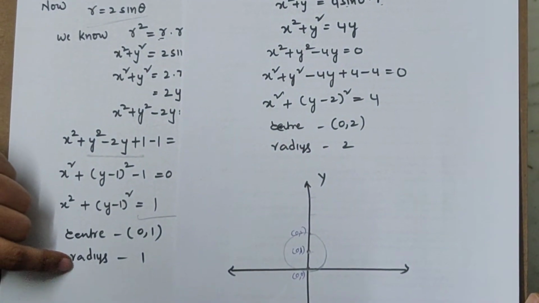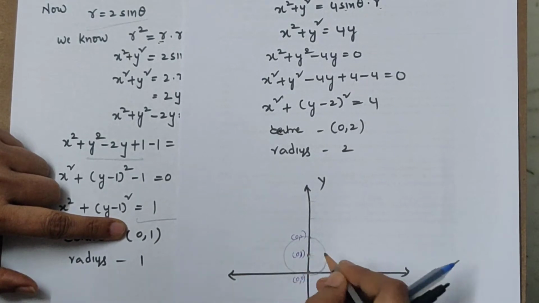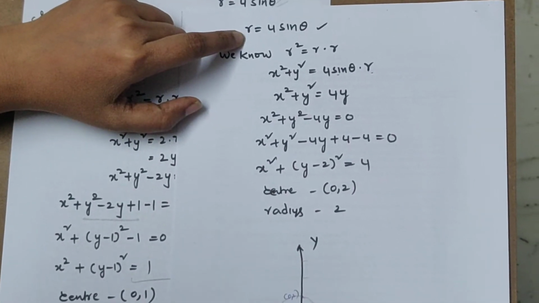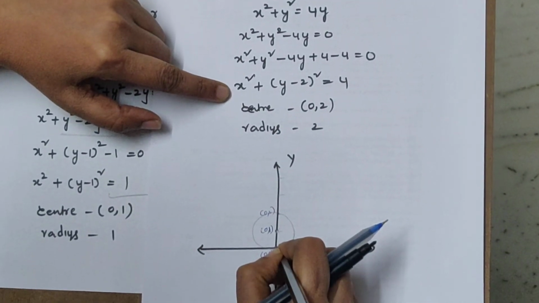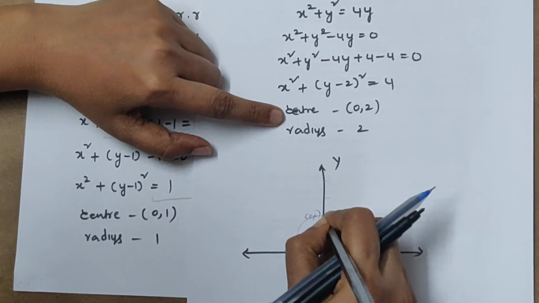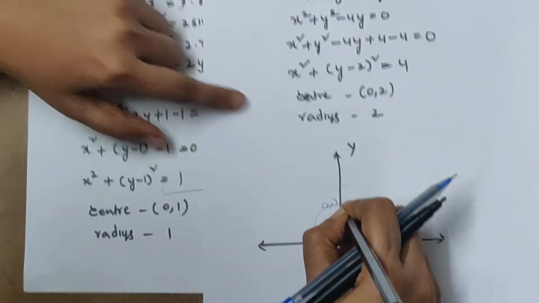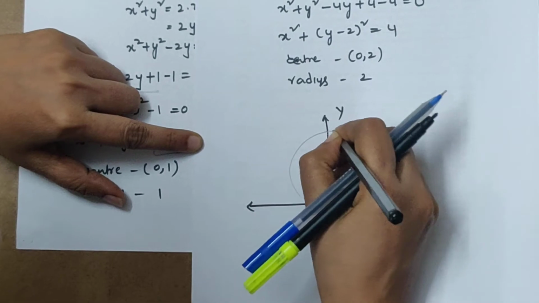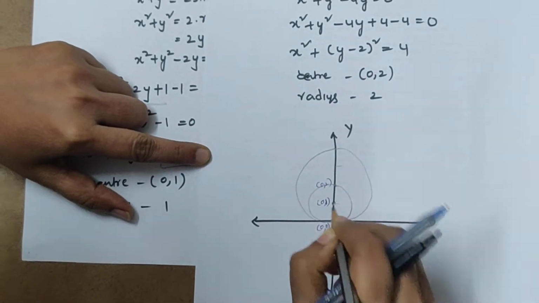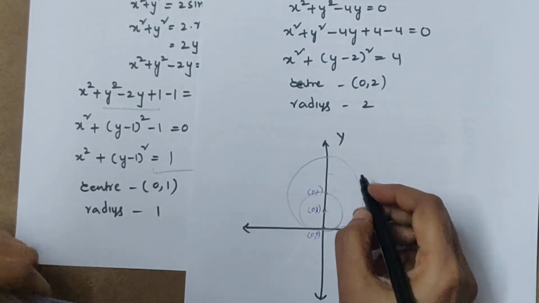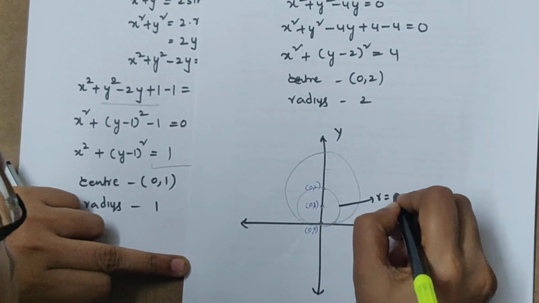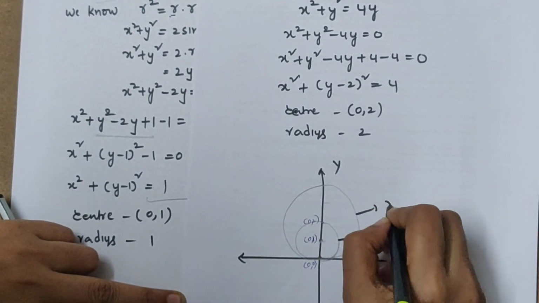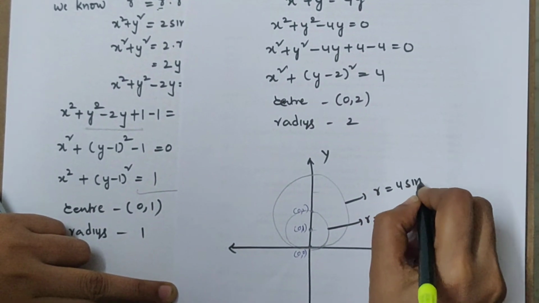The first circle has center 0, 1 and radius 1 unit. The next circle, r equal to 4 sin theta, in equivalent Cartesian form has center 0, 2 and radius 2 units. This is the second circle. This is r equal to 2 sin theta and this one is r equal to 4 sin theta.